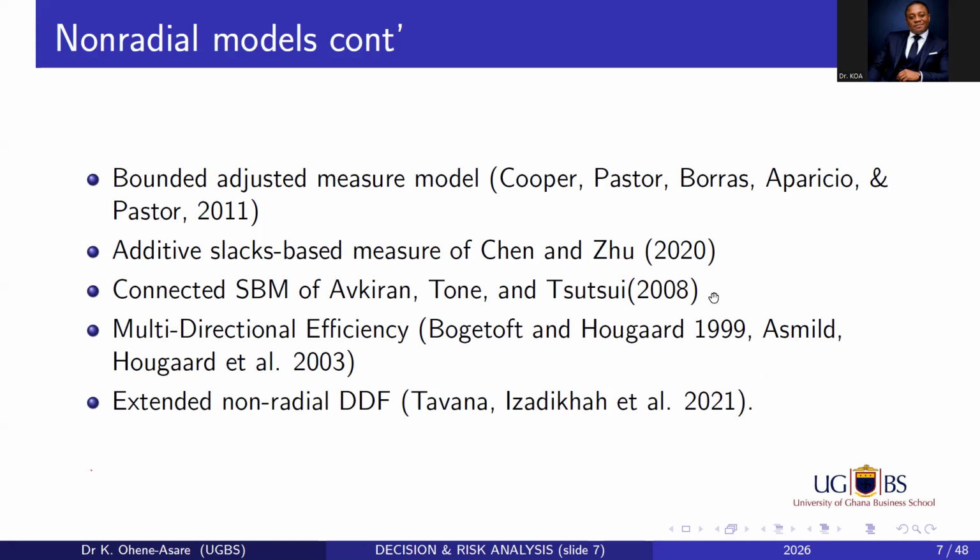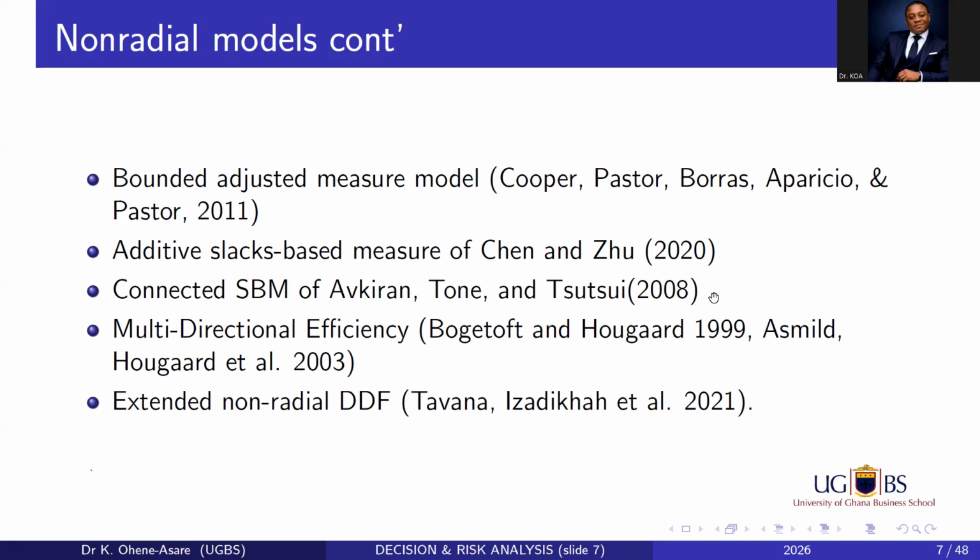So you can see as it stands that we cannot learn all these non-radial models. We can't. But the principle is what we are going to learn so that when you are reading the others, you can appreciate them even more.